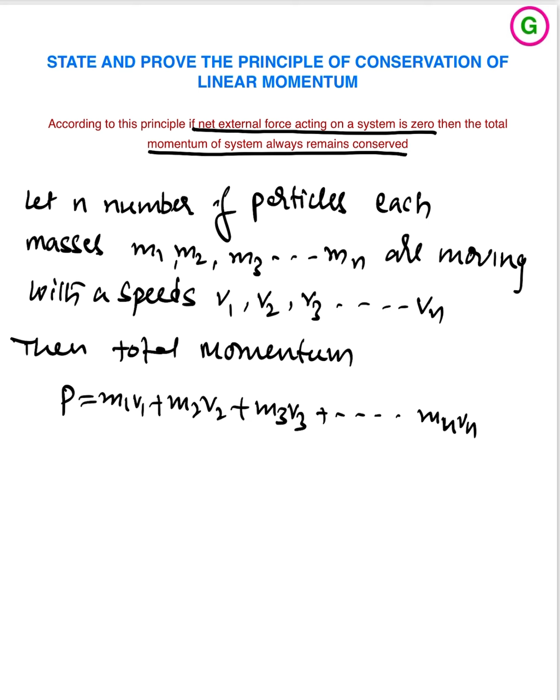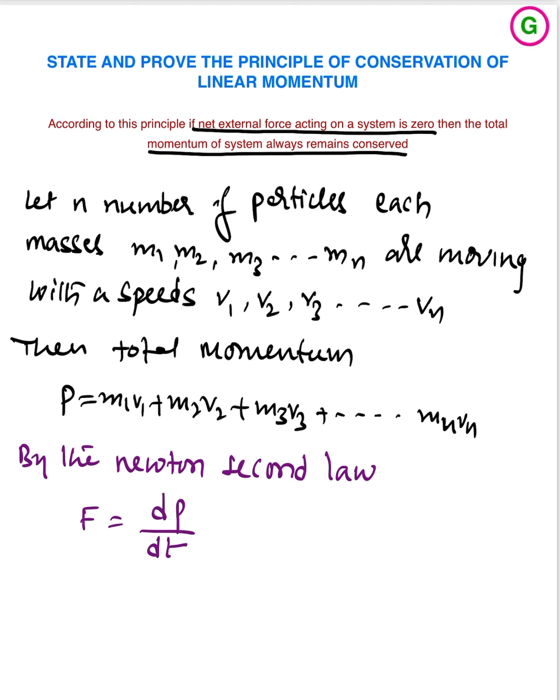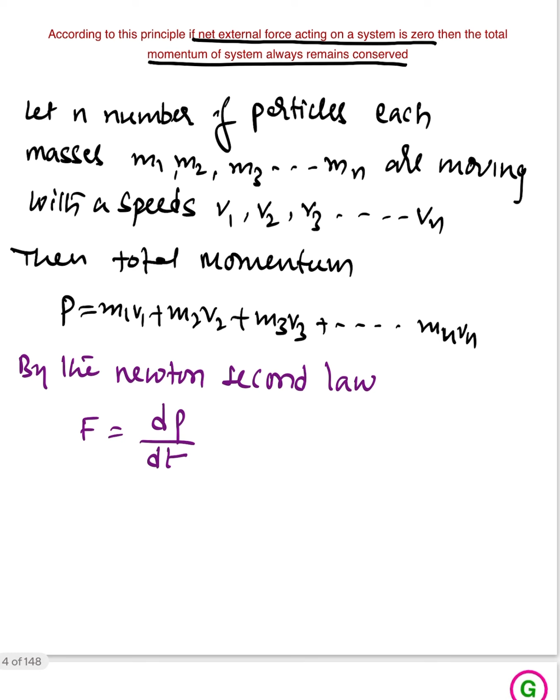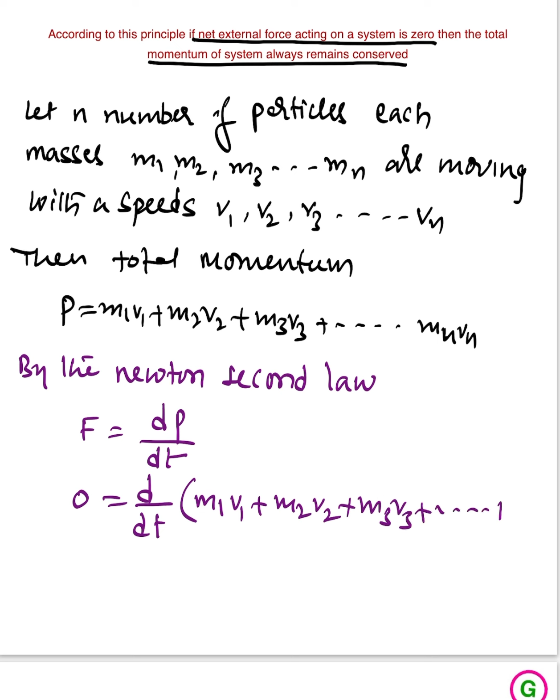By Newton's second law, force is nothing but the rate of change of momentum, dp by dt. According to the statement, the net force is zero, that is, d by dt of the total momentum m1 v1 plus m2 v2 plus m3 v3 and so on up to mn vn is zero.